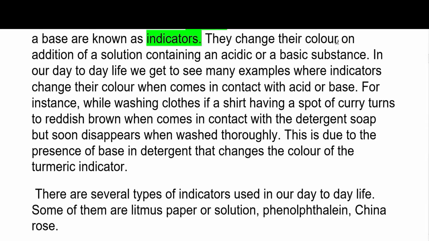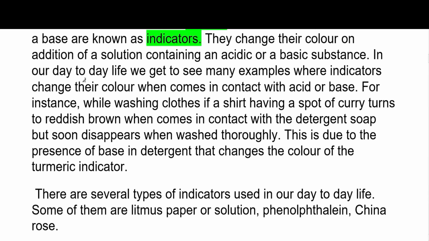They change their color on addition of a solution containing an acid or basic substances.